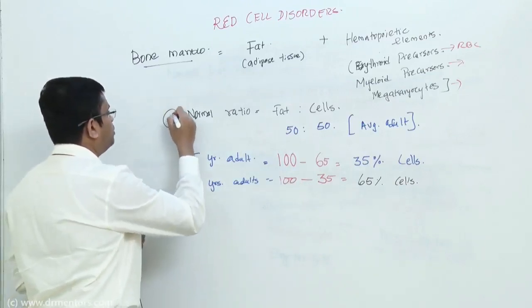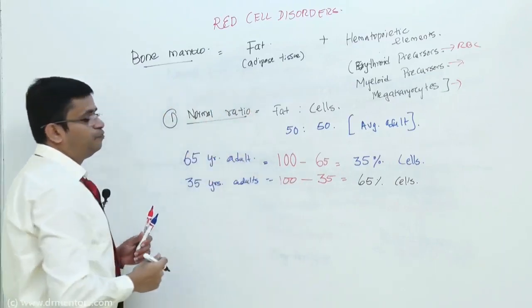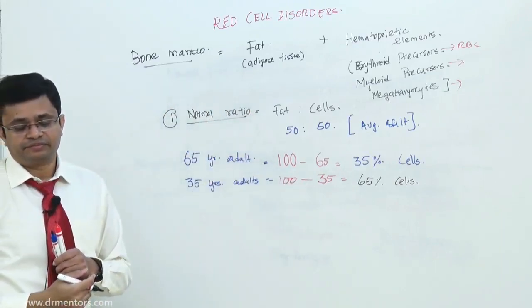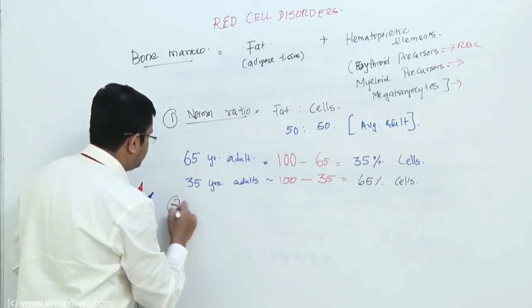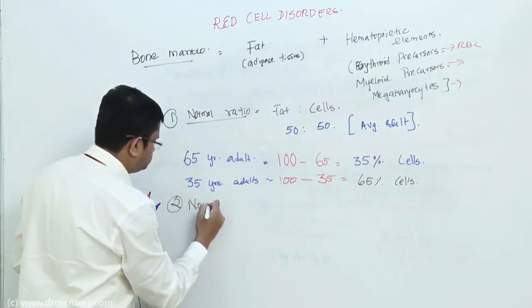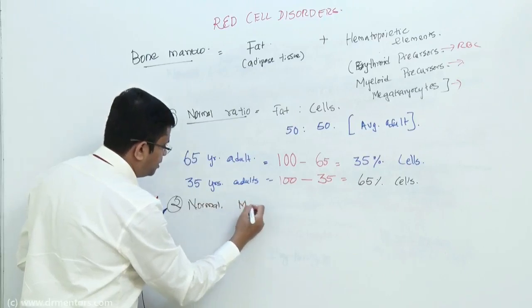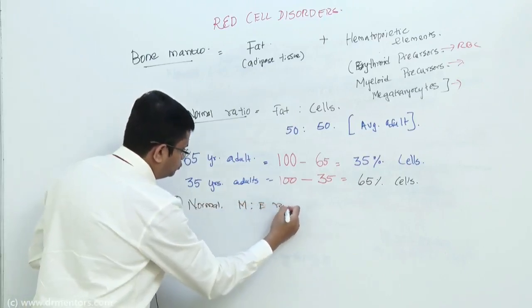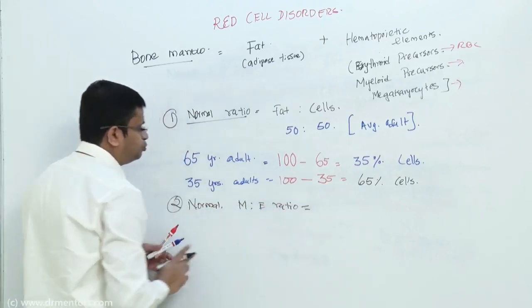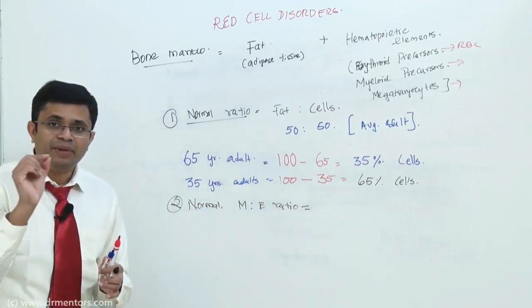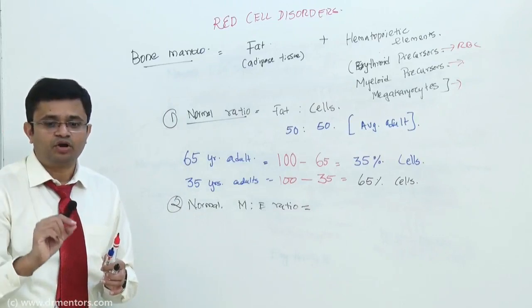What is the normal ratio of fat and cells? Now the second question in the exam is, what is a normal ME ratio? ME means myeloid erythroid.